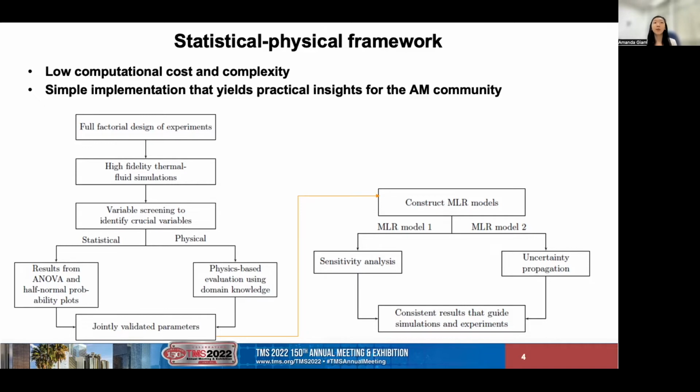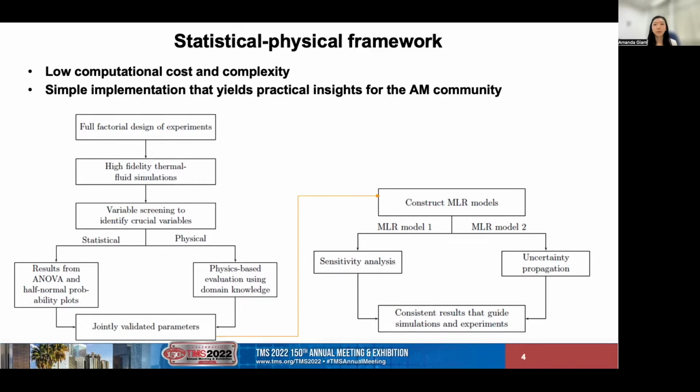So this is an overview of the framework covering the design of experiments, high fidelity thermofluid CFD simulations, and variable screening processes using both statistical techniques such as ANOVA and half normal plots, and also validated by physics-based domain knowledge of the laser powder bed fusion process itself.